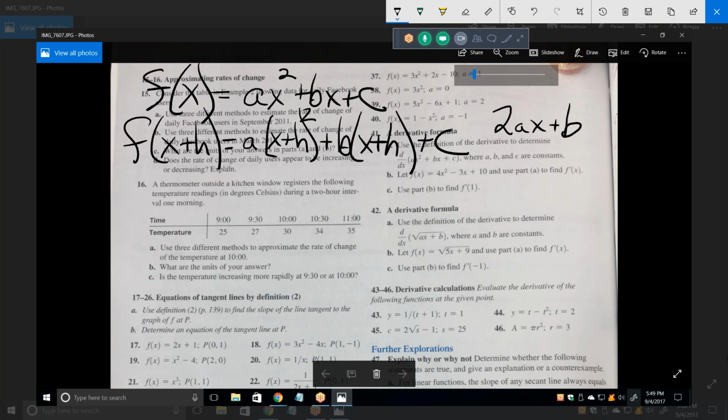Now let's use the limit definition to figure out f prime of x equals the limit of what? As h approaches 0. As h, not x, but h. H is approaching 0. There's a big difference. But okay, and so we got to expand this, right? So what's x plus h squared? So it'd be a times x squared plus 2xh plus h squared.